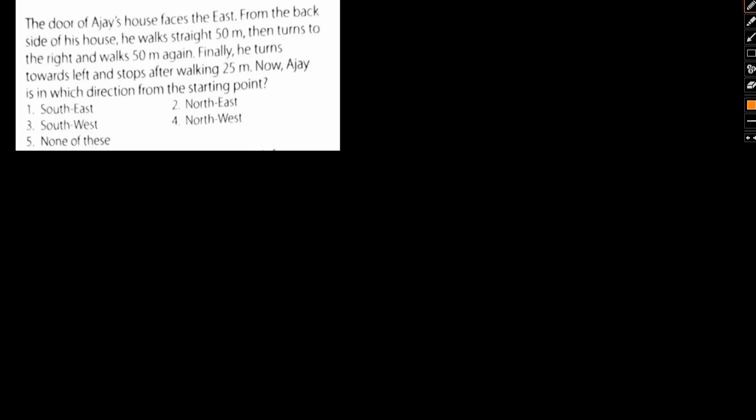Okay. So now it's said that the door of Ajay's house is facing east. So if his door faces east and he walks from the back side of his house, that is in the west direction. Let me do one thing. Let me just draw a direction diagram so that things become clearer.